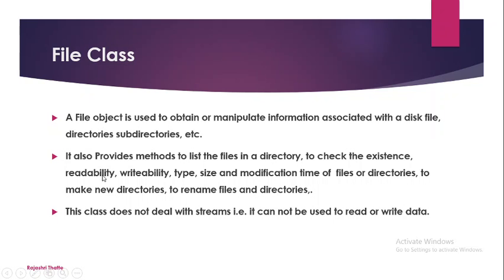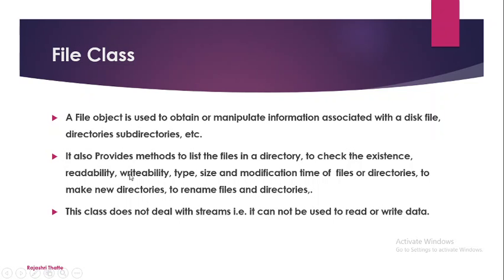Readability. Whatever file we use, we use it to store some information. For the file we refer to by a File class object, is it possible to read it without having permission to read its contents? That permission we can check, that is, whether that file is readable or not.